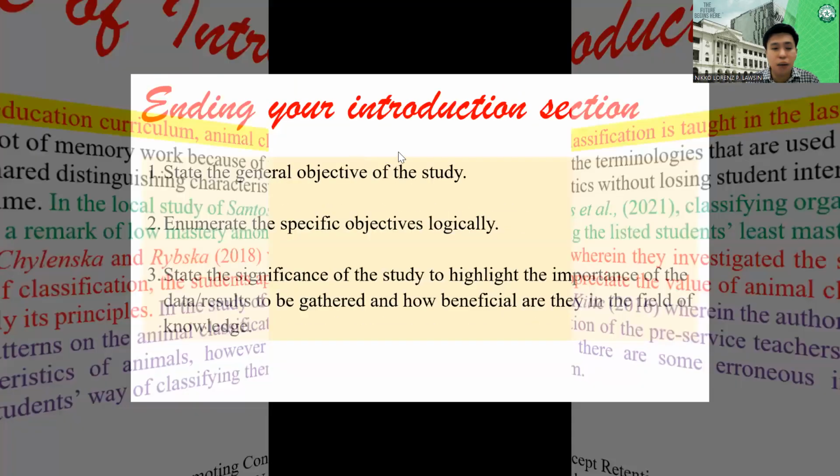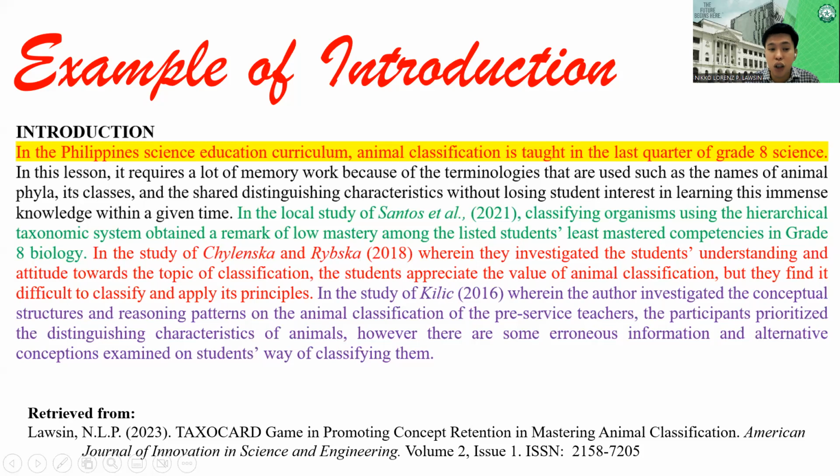This is a classic example of how I write my introduction under the paper Taxocar Game in Promoting Concept Retention in Mastering Animal Classification. So you can see here the one that is highlighted in yellow is the main idea of the paragraph.